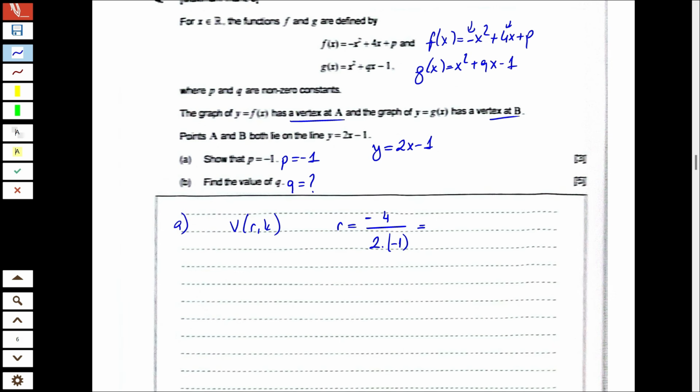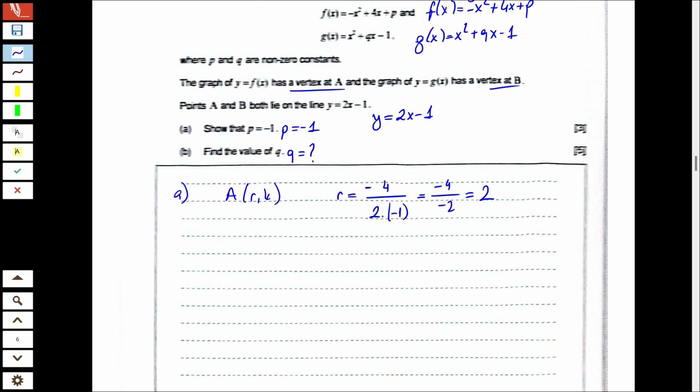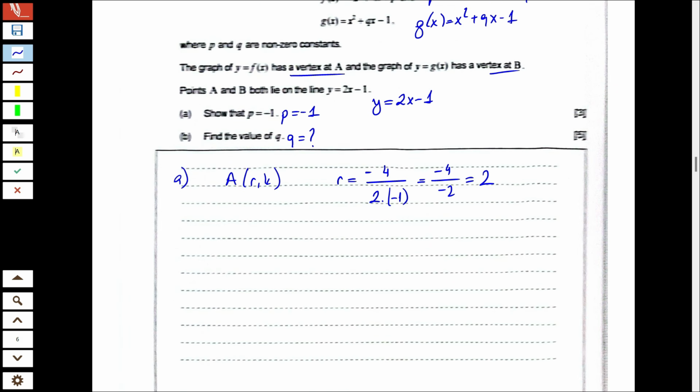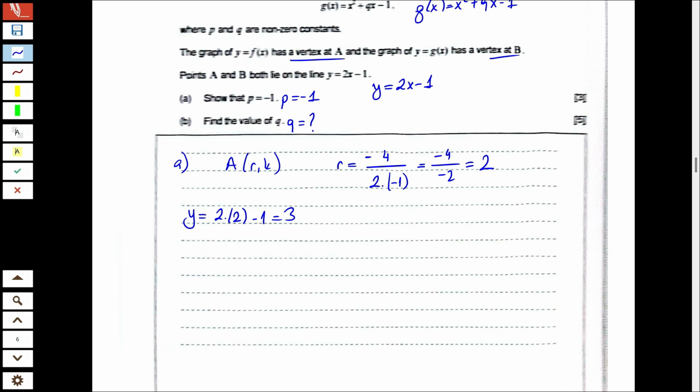From here, you can say that r equals minus 4 over minus 2, which gives us 2. And if the point A passes through the line 2x minus 1, we can plug into this equation. In this case, y equals 2 times 2 minus 1, which gives us 3, meaning the point A equals (2, 3).